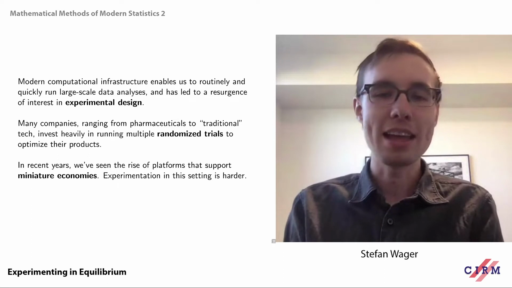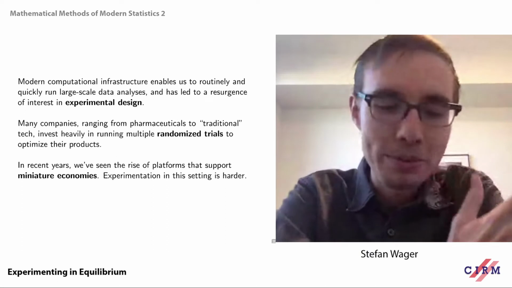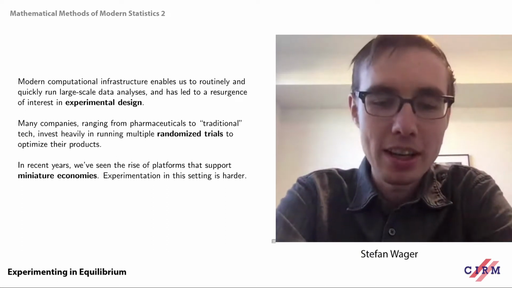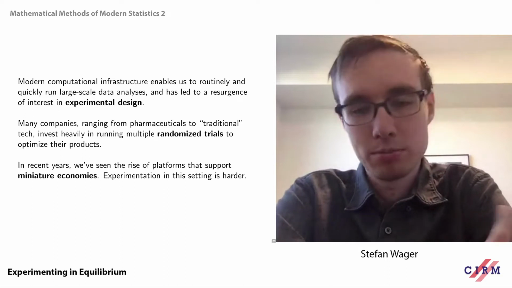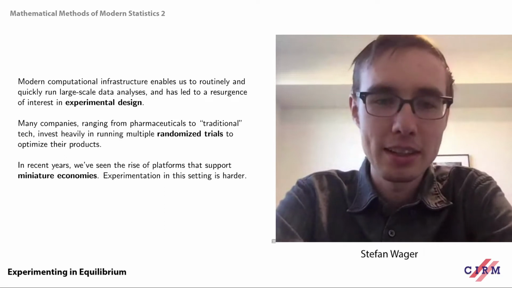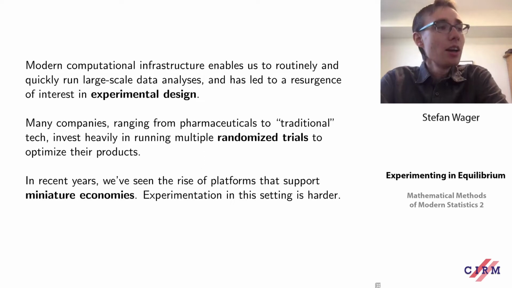In the past, randomized trials were very common in places like pharmaceutical companies, where if you're testing a drug, it's very important to run rigorous randomized trials to test what works and what doesn't. But nowadays, at least around here, they test everything. If you want to change a font on a message, they're going to run a randomized trial and see which one gets more engagement. And this works very well in many situations.